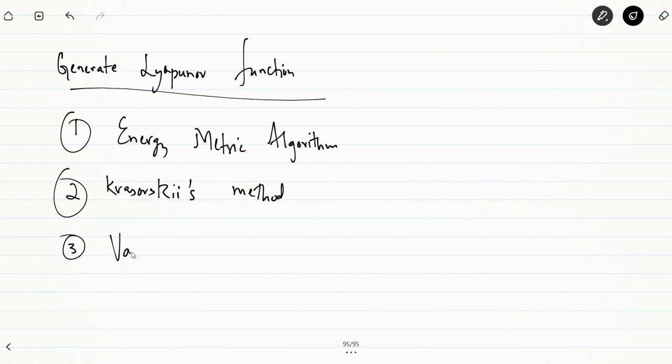You have the variable gradient method. So you have three different ways of generating the energy function or the Lyapunov function now: the energy metric algorithm, the Krasovsky's method, and the variable gradient method. Okay, so to generate the Lyapunov function, we'll be studying these three different techniques. And once we generate this Lyapunov function, we'll be able to generalize it for any nonlinear system.